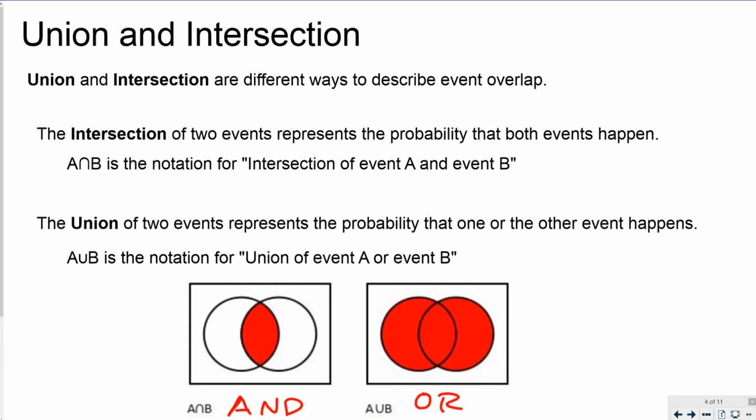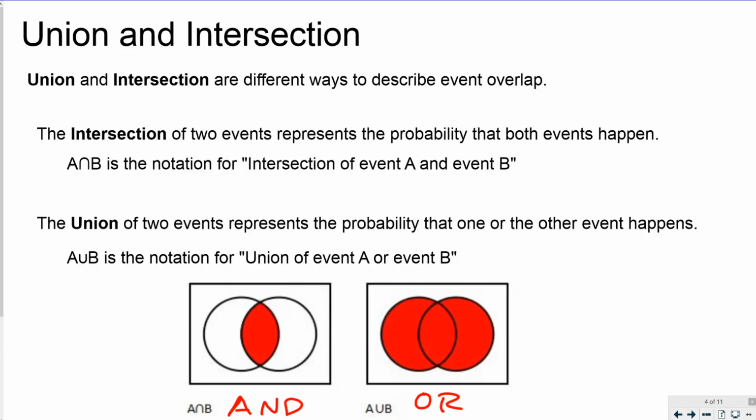A quick word about union and intersection. When we talk about mutually exclusive events and we use Venn diagrams, we need to understand the difference between union and intersection. The intersection of two events represents the probability that the events both happen. In a Venn diagram, it's that little section in the center. The union of two events represents the probability that one or the other event happens, but the intersection counts for that, okay?